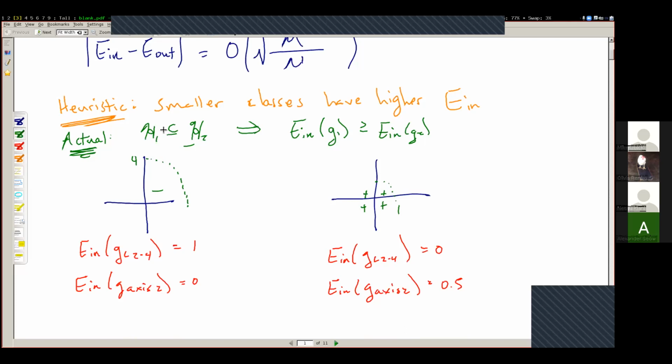Being a subset is a particularly strong statement about H1 being smaller than H2. And that's what you actually need in order to get this implication over here.